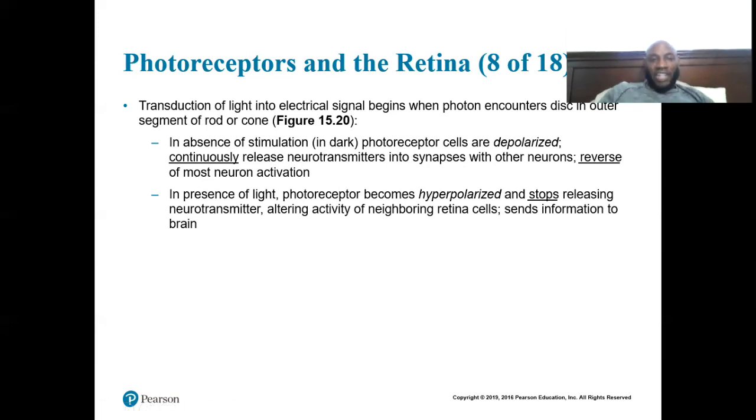But in the presence of light, when we're seeing something, the photoreceptor becomes hyperpolarized and stops releasing neurotransmitter. Altering activity of neighboring retina cells sends information to the brain.